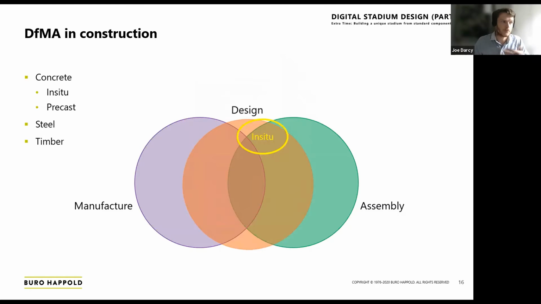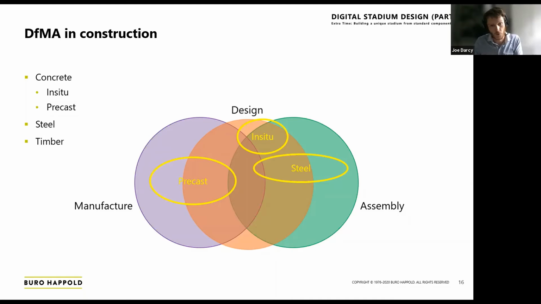Looking at where the typical materials of construction fall into that, you might say that in situ concrete is on the assembly side of things, with precast being more on the manufacture side, although granted, aspects of it you need to be able to install and assemble on site, but I feel it lies more with manufacture.